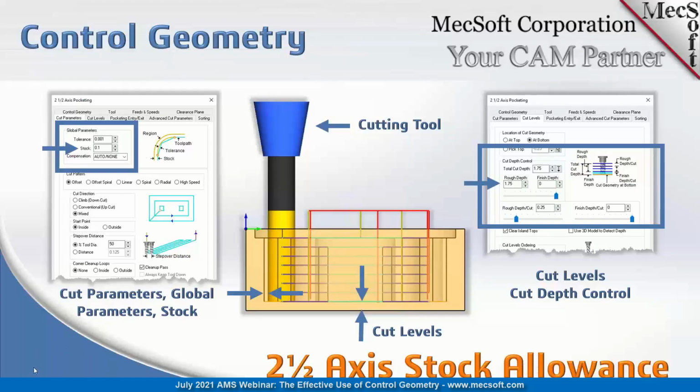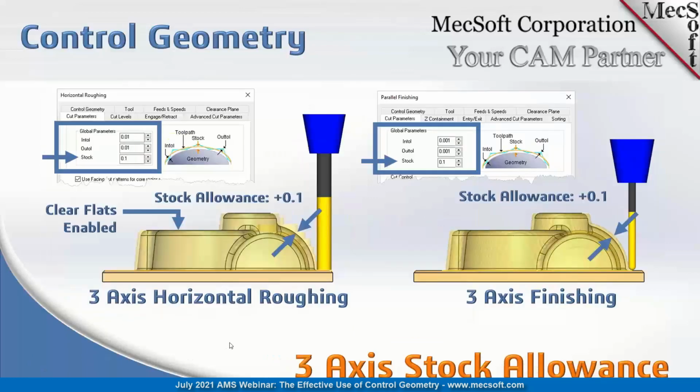Okay, so let's look at how stock is allowed for in 3-axis. In 3-axis, you have roughing and finishing operations. In typical horizontal roughing 3-axis operations, you have a stock value here on the cut parameters tab. In our example, we have it set to 0.1.